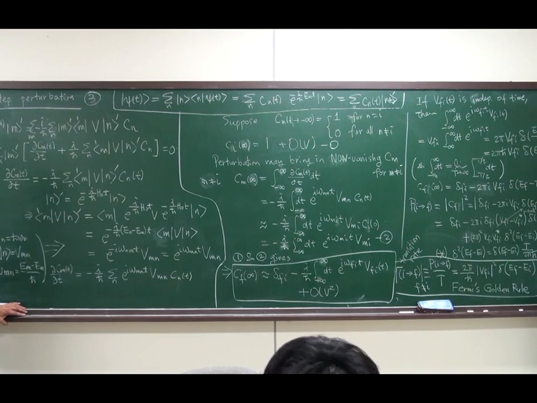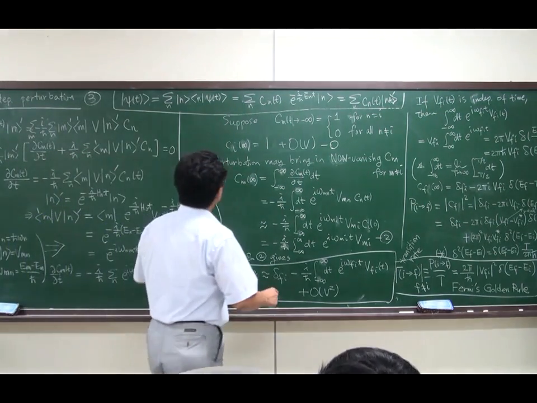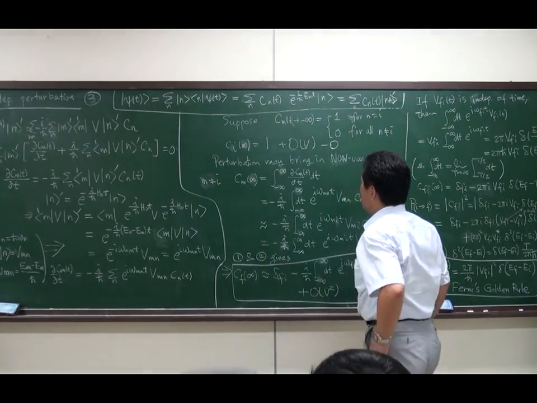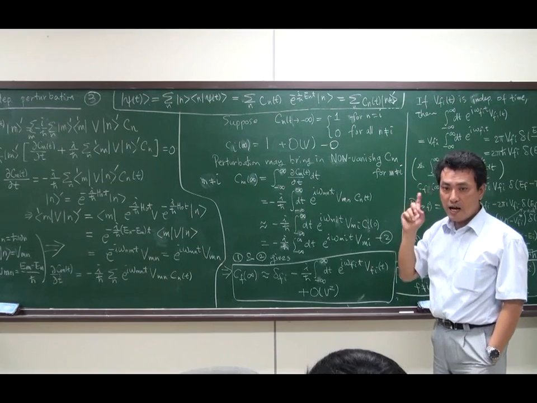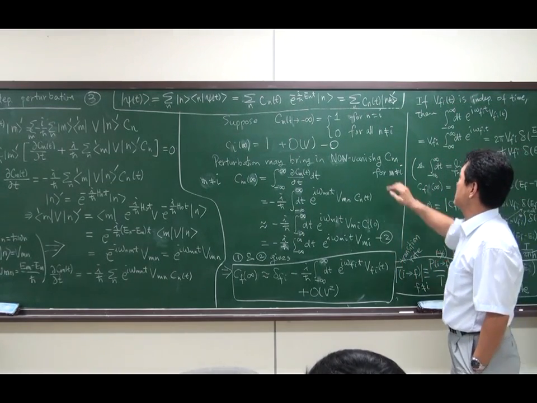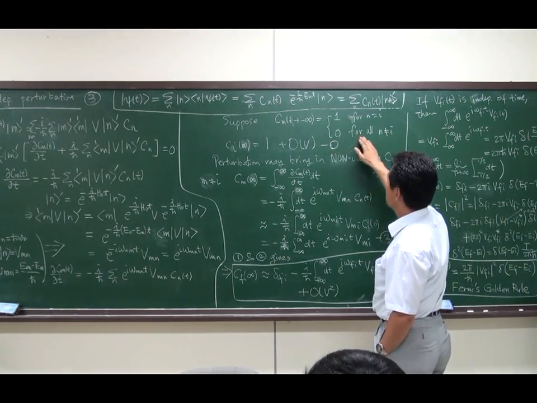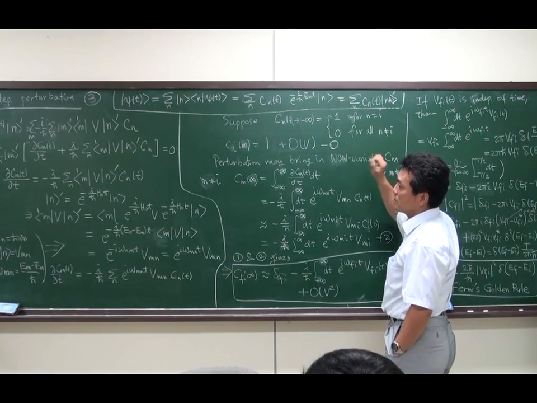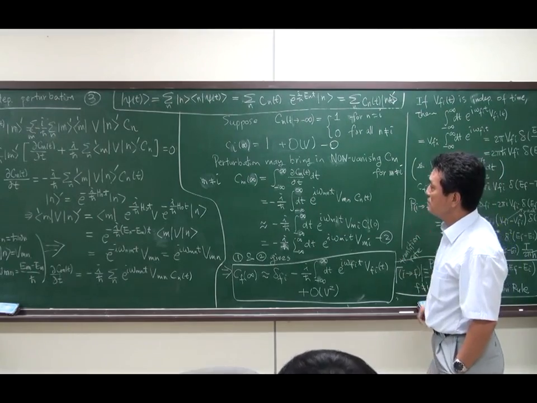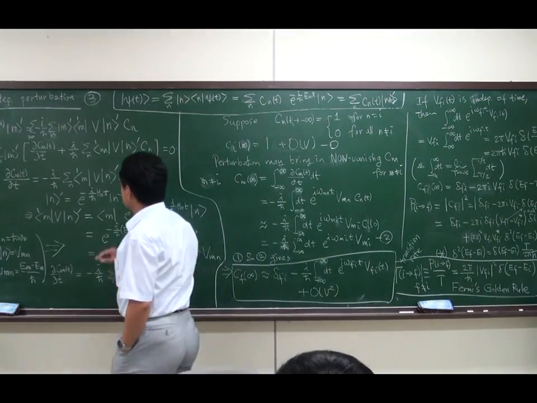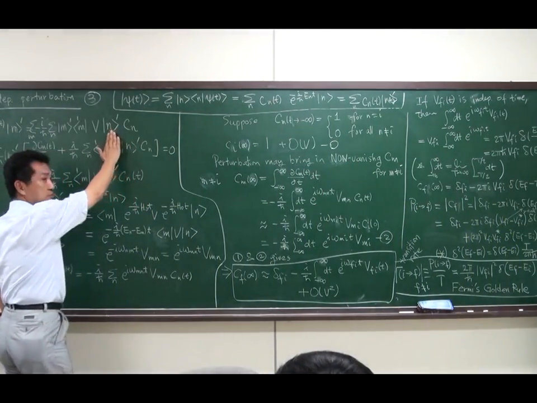Let us solve this differential equation. This is a simultaneous system of equations, and we suppose the initial state at t goes to minus infinity is 1 only for the state I, that is the initial state, and everything else is 0. So the initial state is a pure state of I. Then suppose there is no interaction at all.